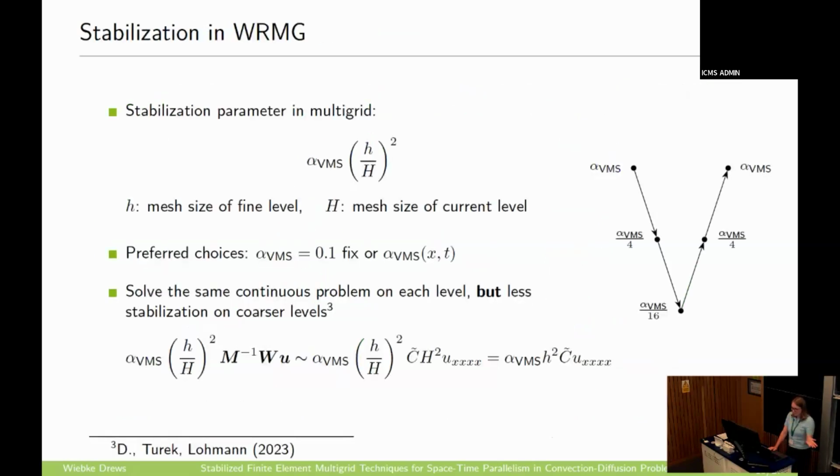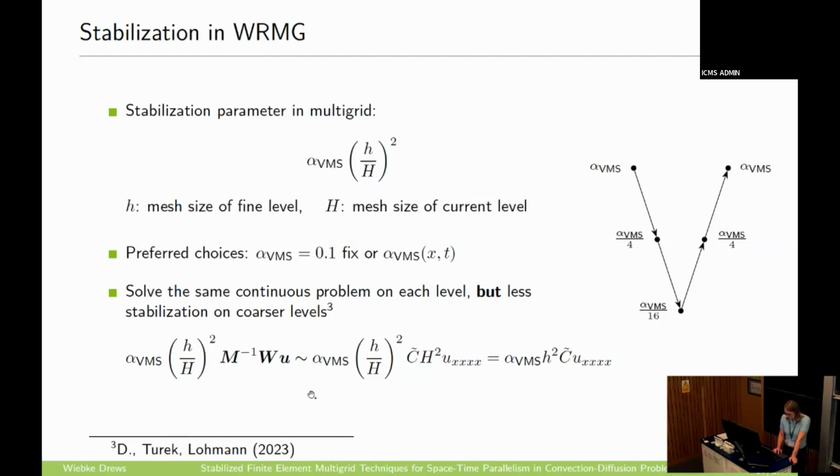So coming back to the stabilization, we already talked about our stabilization parameter, and we studied it especially for the multigrid waveform relaxation, where we coarsen in space. In fact, we decided to reduce the stabilization parameter on each level by a factor of 4, which is due to the fact that we want to solve the same continuous problem on each level.